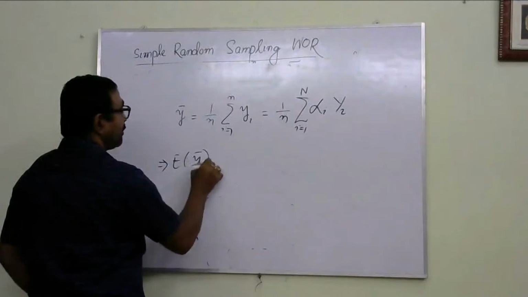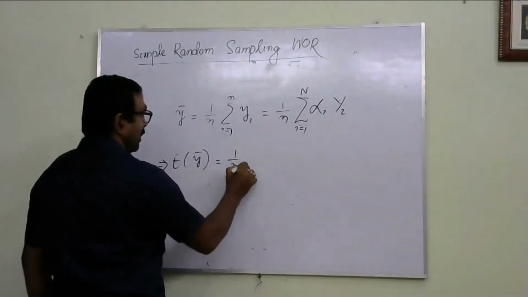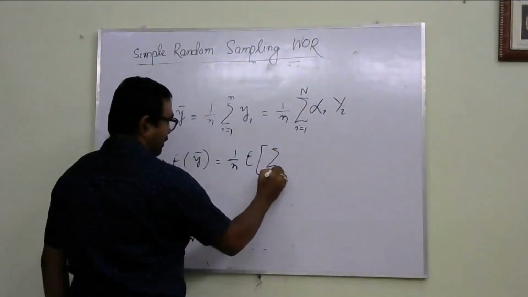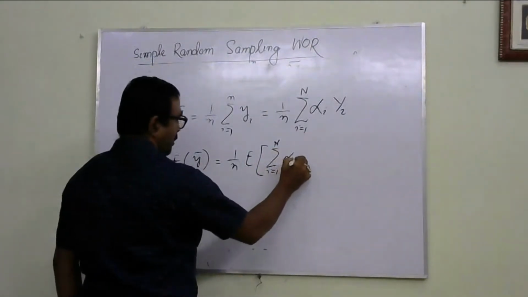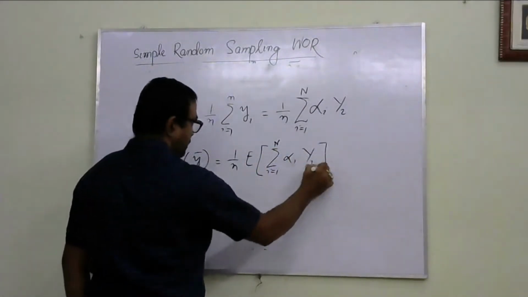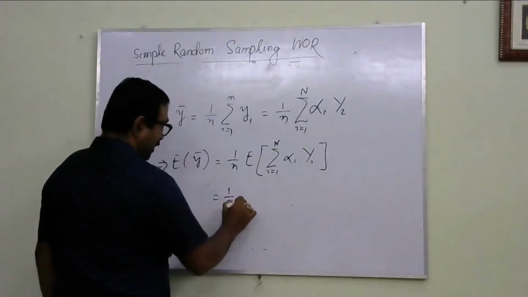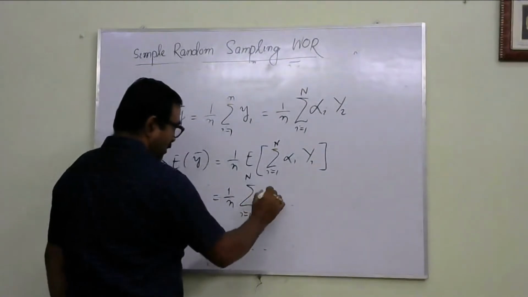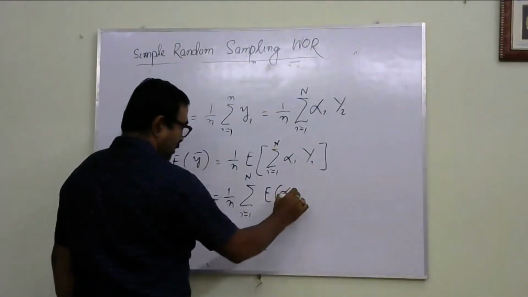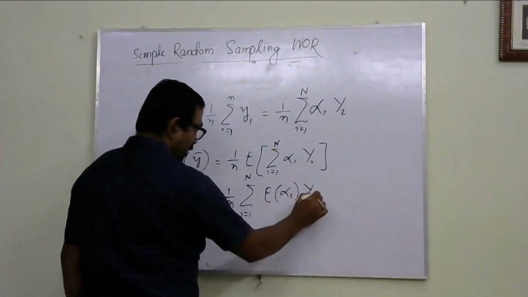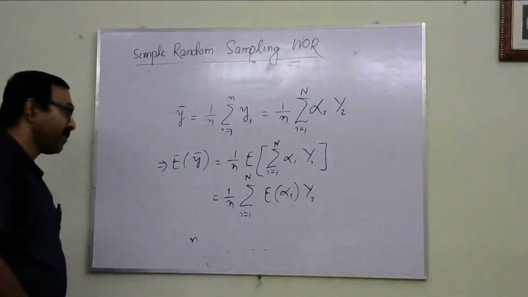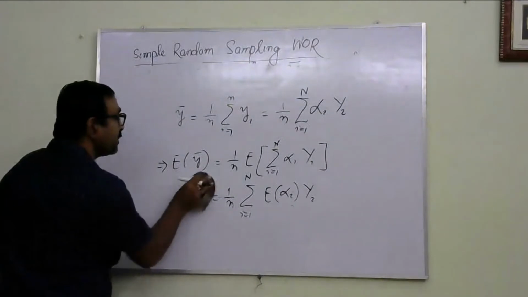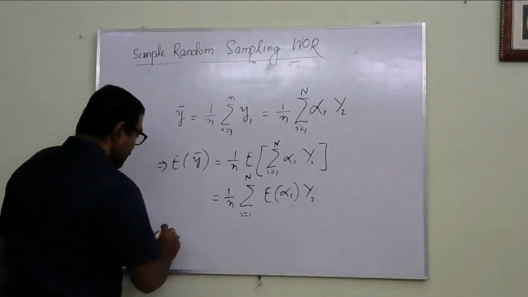Expectation of the sample mean y bar equal to 1 by n expectation of summation i equal to 1 to capital N alpha i y i, that is equal to 1 by n summation i equal to 1 to capital N expectation of alpha i into y i. Now we have to find the expectation of alpha i.